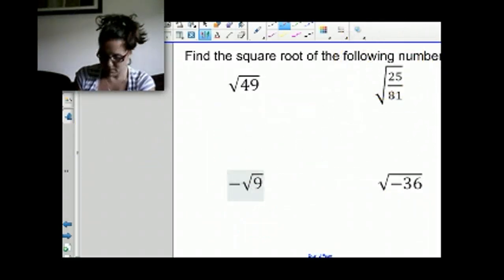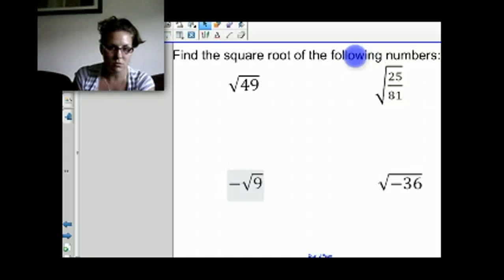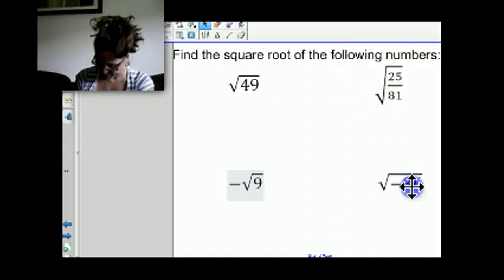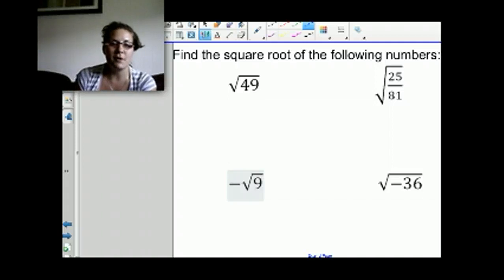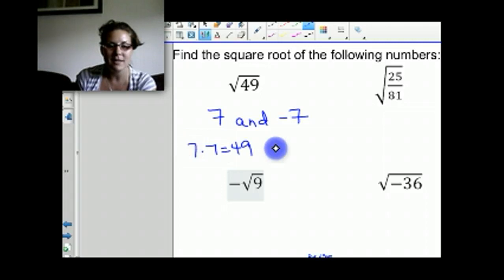So, move this back into view. There we go. Finding the square root. The square root of 49 is 7 and negative 7. That's important. 7 times 7 equals 49.